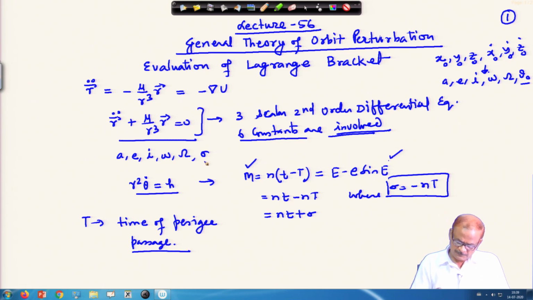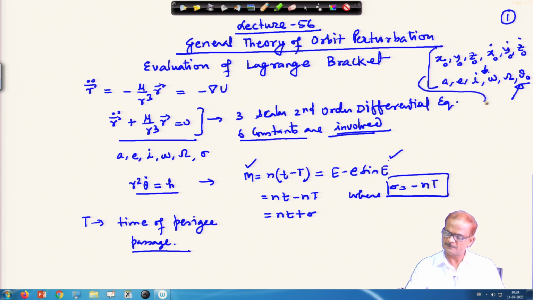Rather than taking theta, once you convert it into the orbital parameters, you can see that theta varies with time. If you take it for a particular instant, it is okay, but if you take it as a general variable, theta varies with time, so it will not appear as a constant.